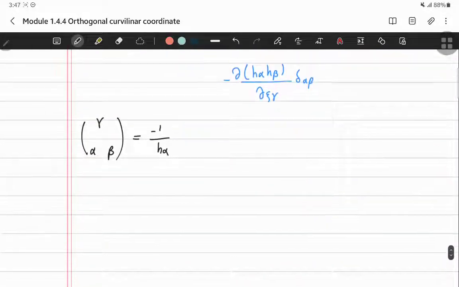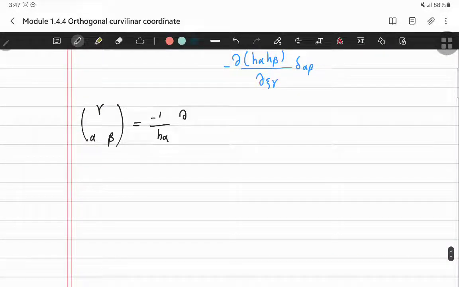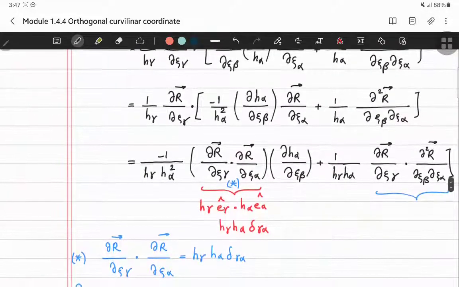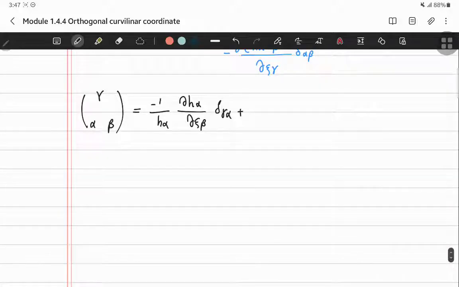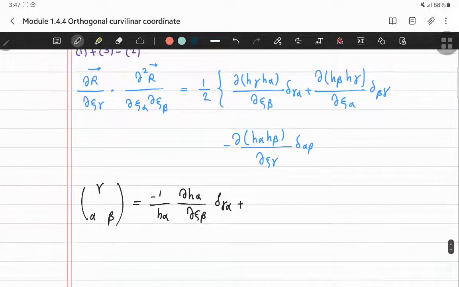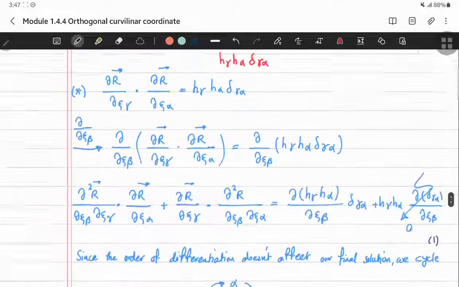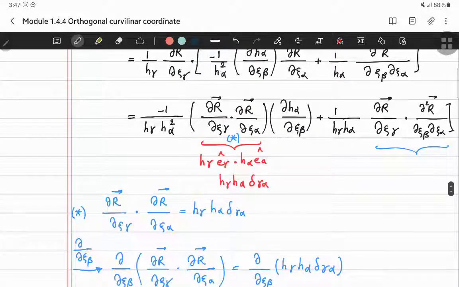So this is h alpha with respect to z beta, delta gamma alpha, plus, if I'm not mistaken, true, plus this in here times this value.